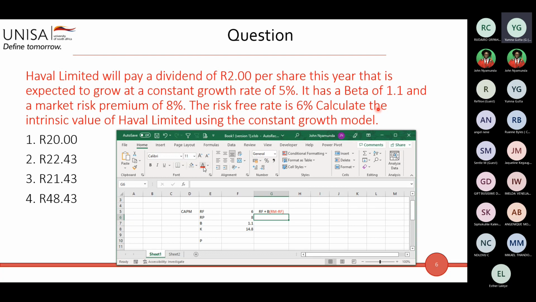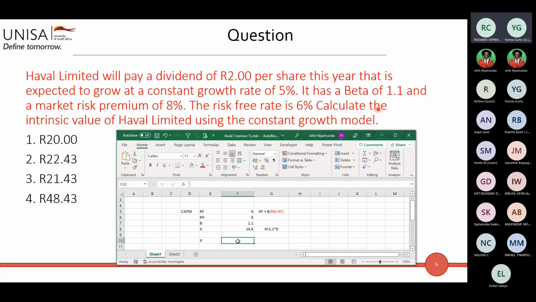So the brackets are already solved. The market risk premium is when the brackets are solved, and the return on the market is when you need to solve. In this case, the return on the market would be 6 plus 8, which is 14. So it would be 14 less 6, which is 8. So the market risk premium is when your bracket is solved. It's a premium: the return on the market less the risk-free rate.